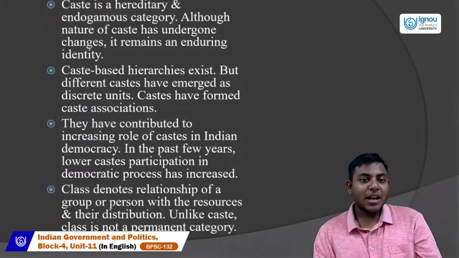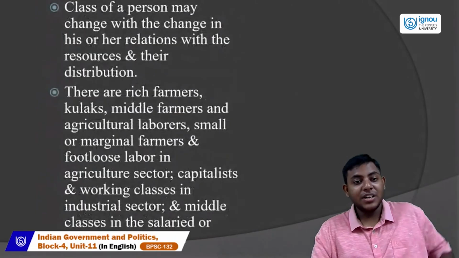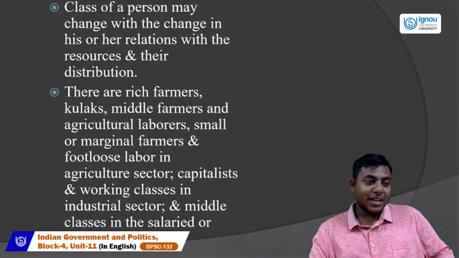Class may change with the change in a person's relations with the resources and their distribution. There are rich farmers, kulaks, middle farmers, and agricultural laborers, small or marginal farmers, and footloose laborers in the agricultural sector, capitalists and working classes in the industrial sector, and middle classes in the salaried or professional groups.